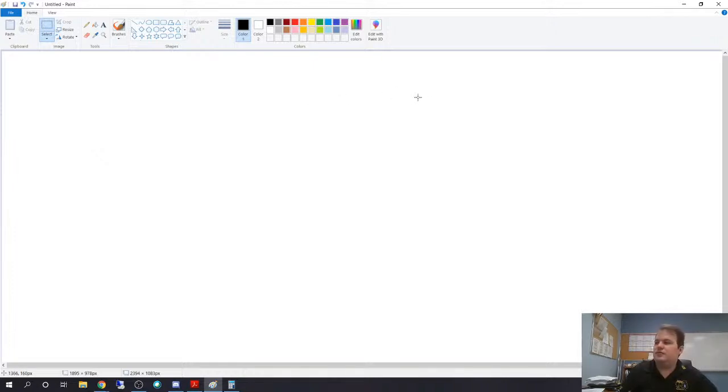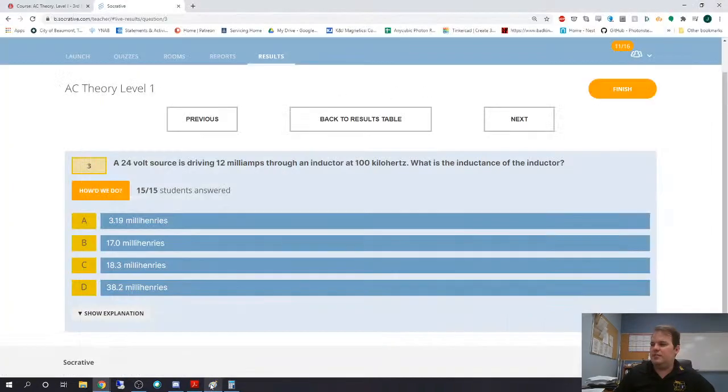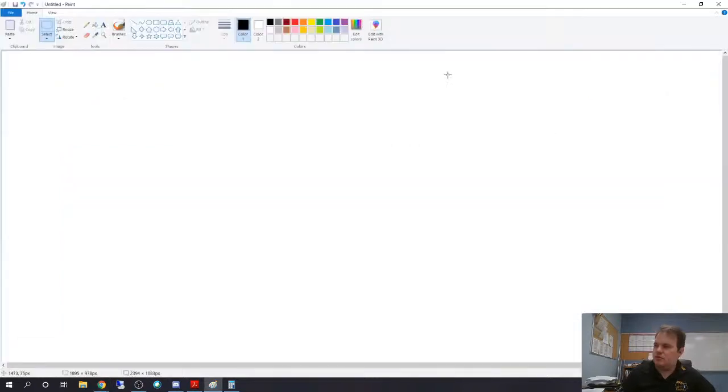So we have, I keep forgetting the numbers. 24 volts, 12 milliamps. 0.012 amps after you move the decimal, and they want L. So we will do 24 divided by 0.012.